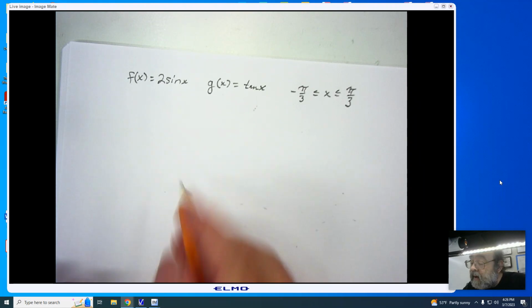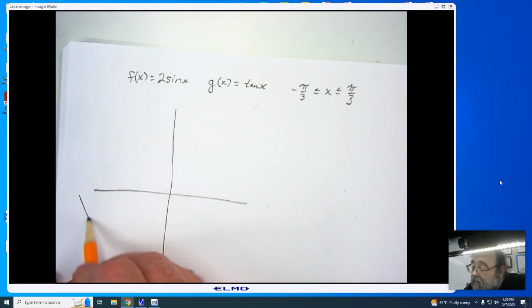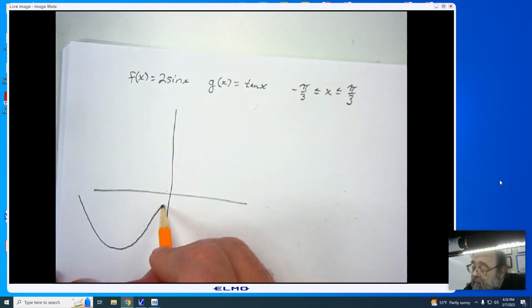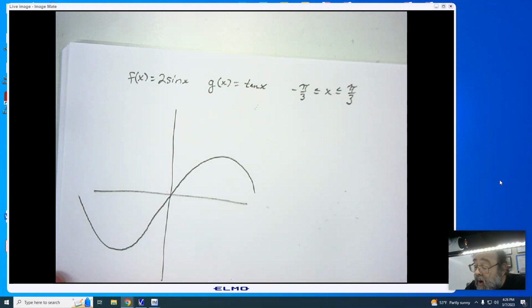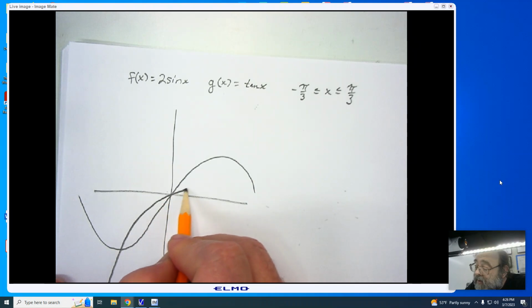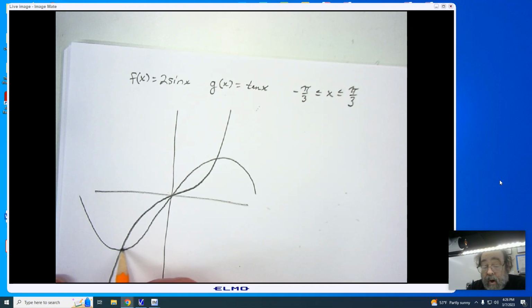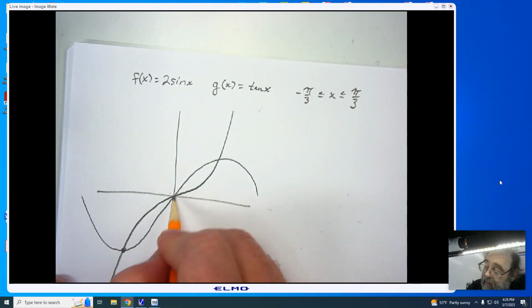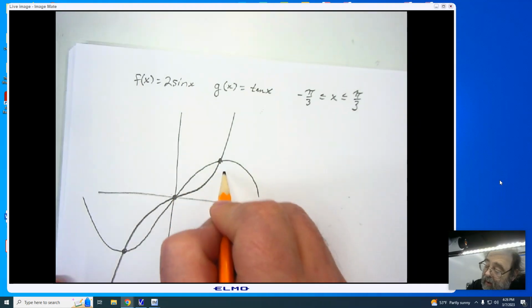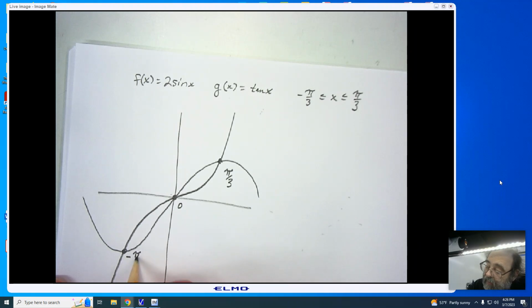We're going to start by graphing. Now we know our sine does that, and we know our tangent falls between the asymptotes and does this. We're going to be going from the known value here to here to here. Pi over 3, 0, negative pi over 3.